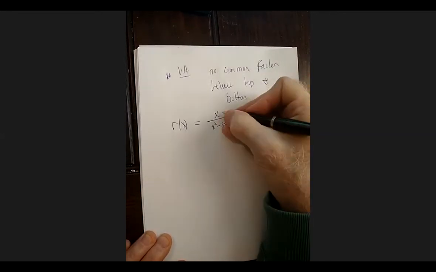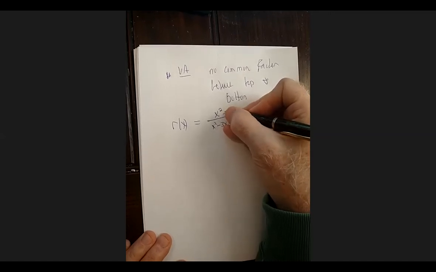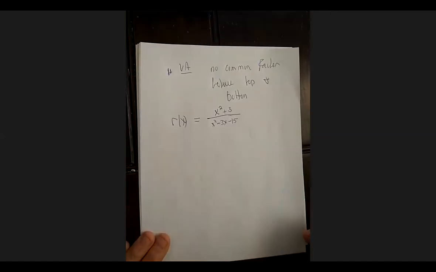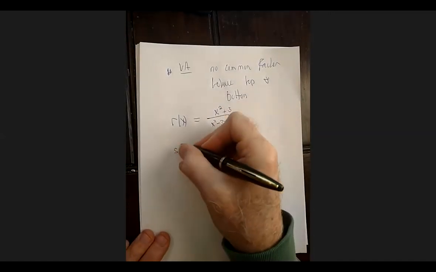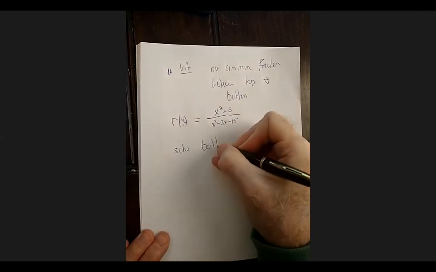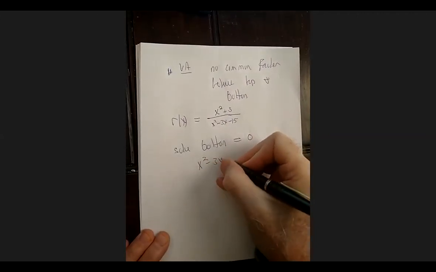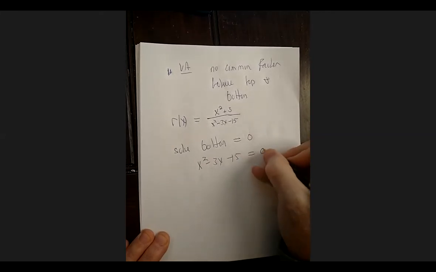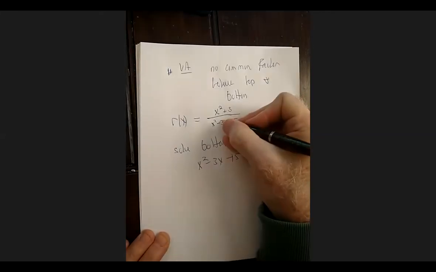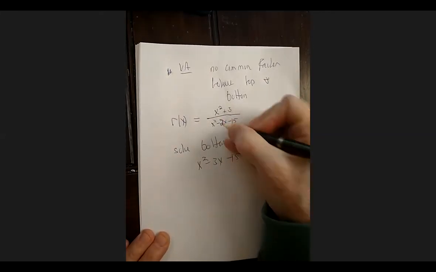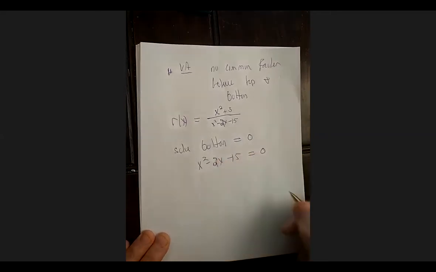And it really doesn't matter what's on the top, so this has no effect. So I'm going to do x squared plus 3 on top. Okay. So what I do is I solve the bottom equals 0. So I would solve x squared minus 3x minus 15 equals 0. So I maybe make this a 2x because otherwise it's going to be too hard to factor.